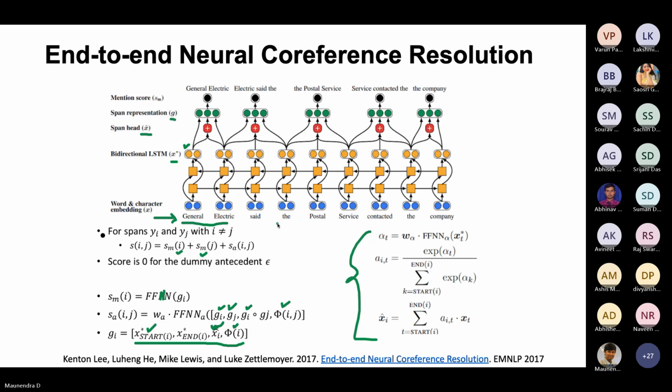That's correct. Yeah. So suppose we have the Postal Service. No, this is a mention, and this is a candidate. X star start i will be the representation for Postal, X star end i will be the representation for Service, and xi hat will be the overall representation for this entire thing.